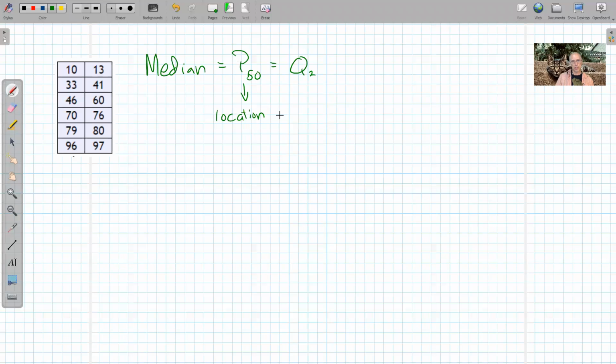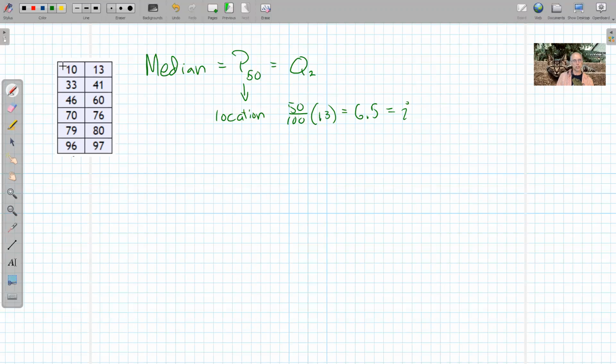The trick for the median is to take our percentile 50, write it as a decimal by dividing by 100, then take the number of elements in the list plus 1. So here I have 2, 4, 6, 8, 10, 12. So then I would take 12 plus 1, or 13. So half of 13 would be 6.5. So this is the number i, the position in the list.